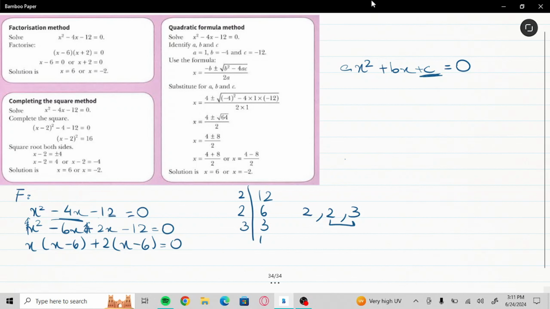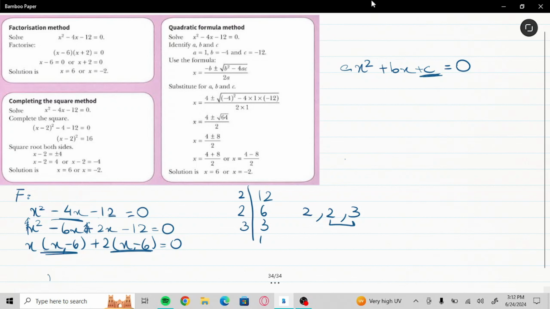Another thing is that whatever is in the bracket, meaning whatever we take the common factor out of, these two values, x minus 6 and x minus 6, should be the same. For example, if we have x minus 6 here, we should have x minus 6 here also. It's really important. Otherwise, your equation is wrong somewhere.